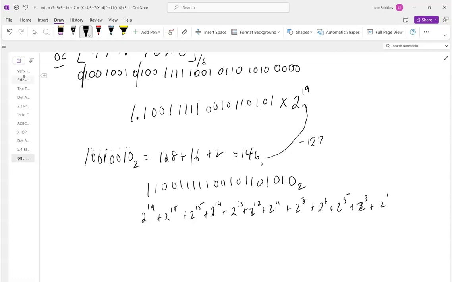Whatever that turns out to be. At that point, like I say, computer or calculator.